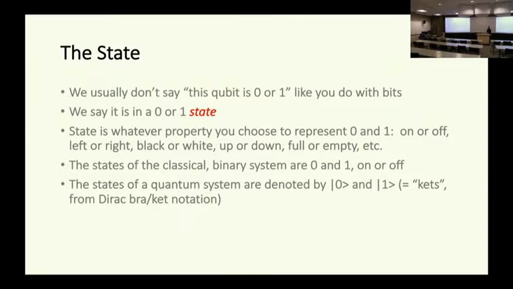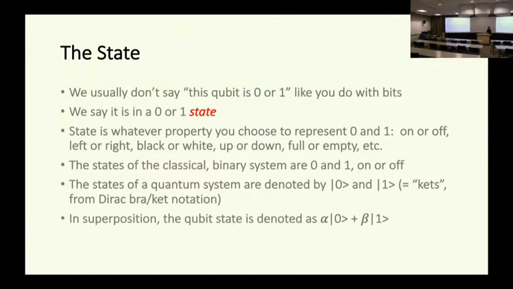So if you read these kinds of quantum computing articles, you cannot escape seeing these things. This comes from actually quantum mechanics. This is called the Dirac bra-ket notation. You'll see the states represented by this 0 and 1 state kets.